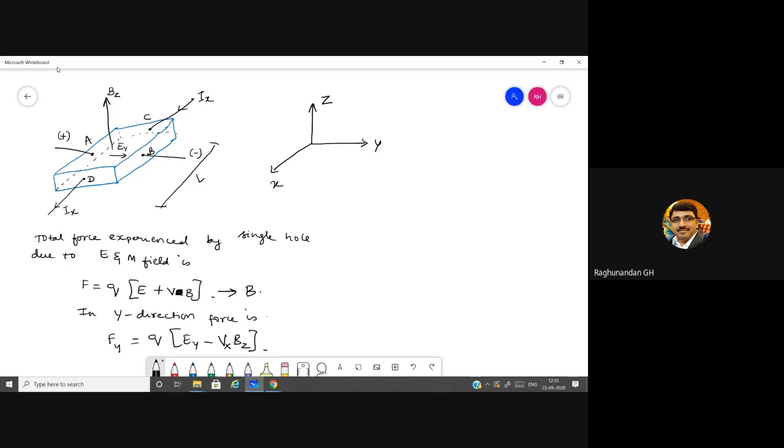Why is it minus? In the first part it was plus, now it is minus.